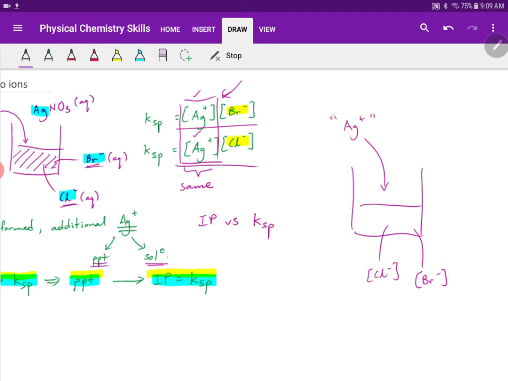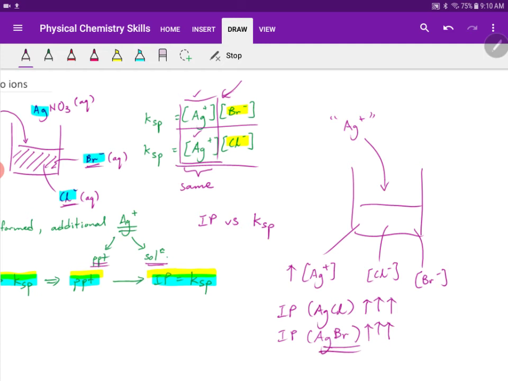The Ag plus concentration in this solution keeps increasing as I keep adding in, and so the IP of AgCl and the IP of AgBr both keep increasing and increasing until a certain point where AgBr gets precipitated out. At that point, a tiny little bit of AgBr PPT will be formed.